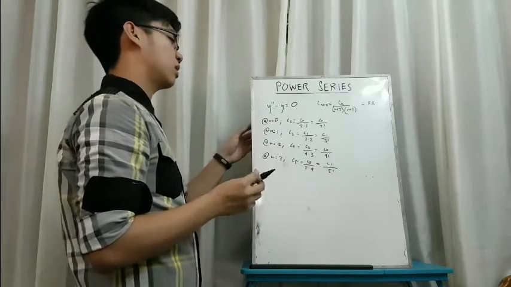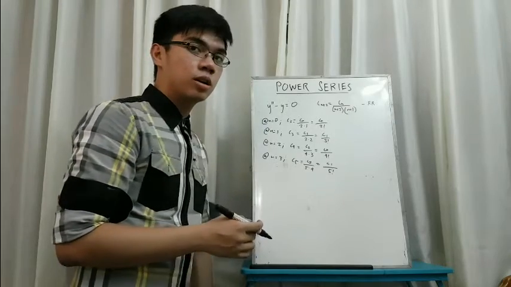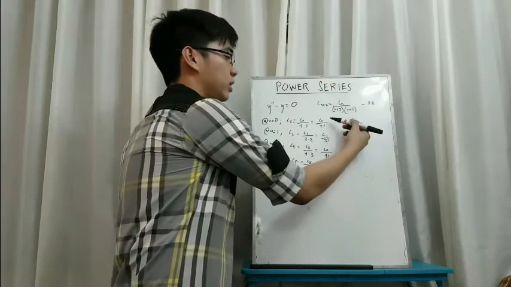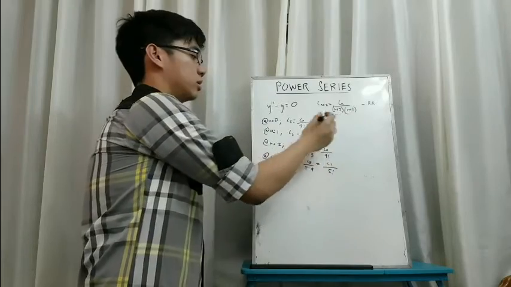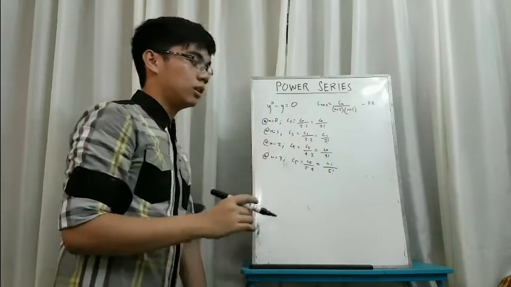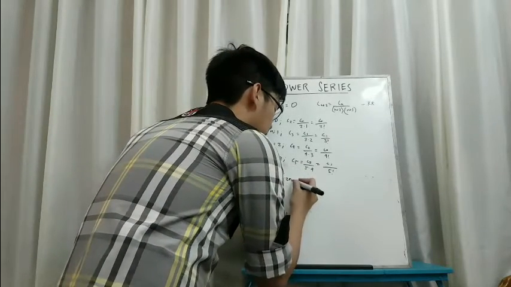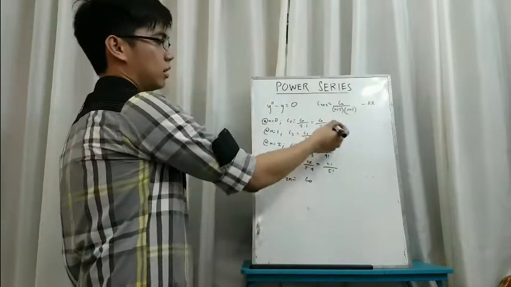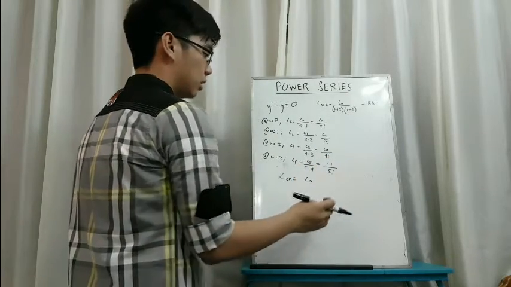So according to our last problem, as you can see, C0 and C1 are alternating. C0 is within the even numbers, and C1 is within the odd numbers. So at even numbers, it is C0, and this also at even numbers.